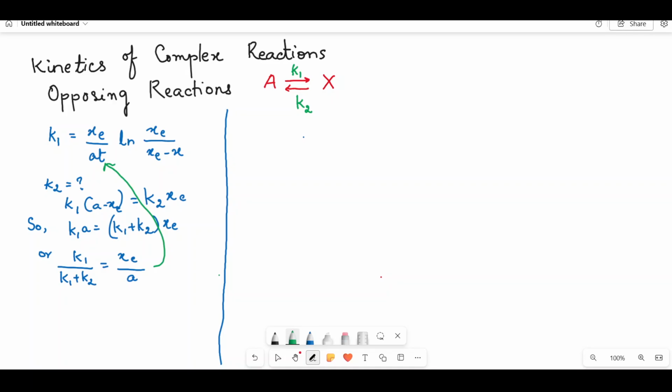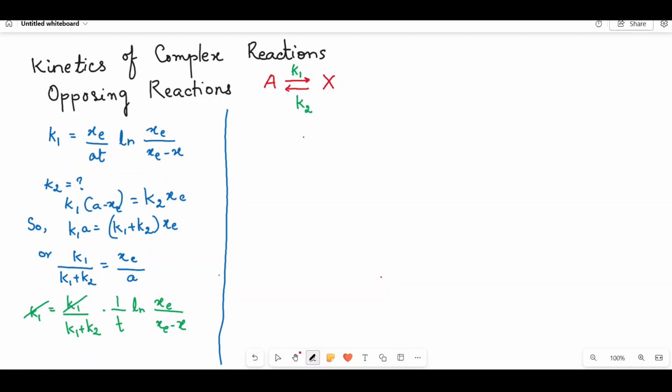Xe by A. So now what we will have is K1 is equal to Xe by A, which will be K1 divided by K1 plus K2 times 1 by t ln of Xe by Xe minus X. There is K1 here, which will get cancelled out.